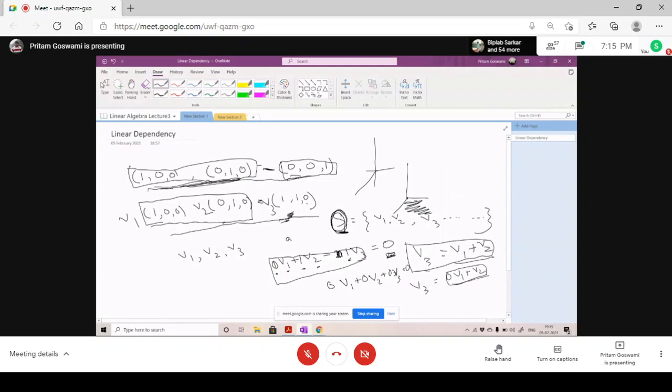But if at least one scalar is non-zero, then you can write that vector in terms of the other vectors. So the whole collection of vectors is called linearly dependent. Is it clear till now?